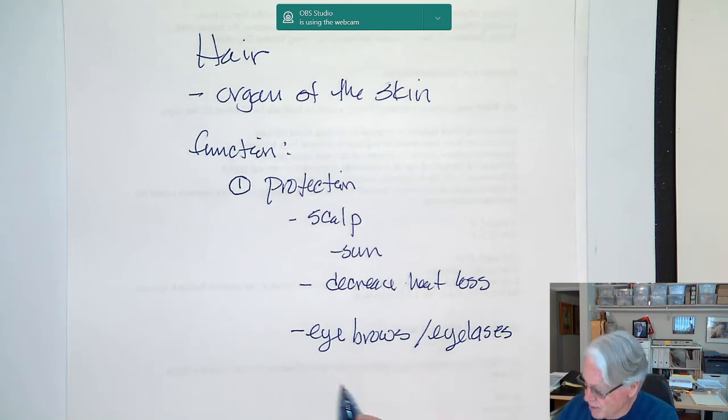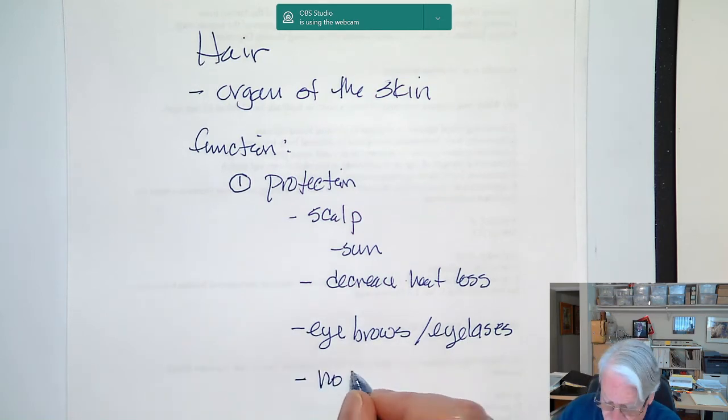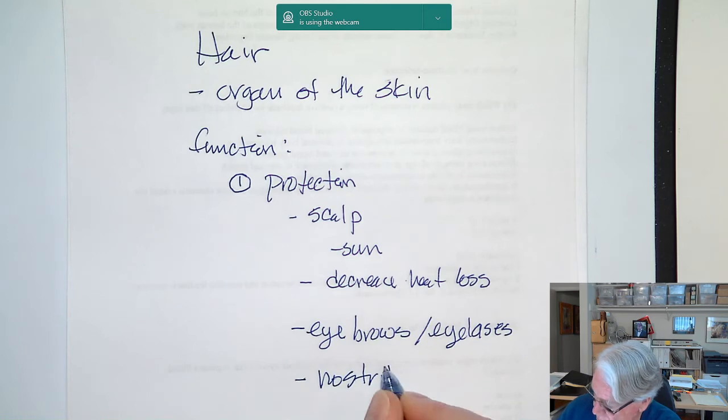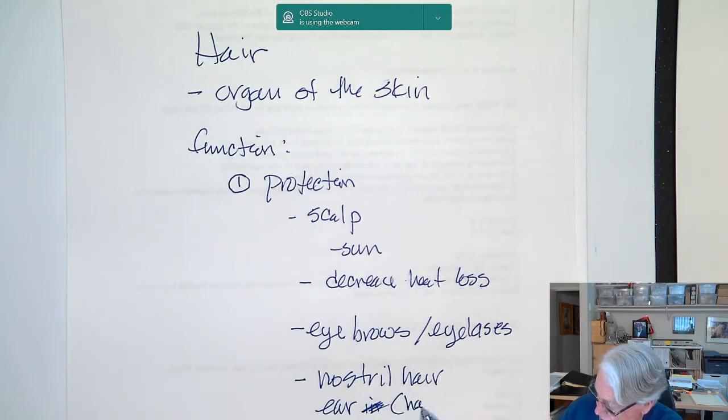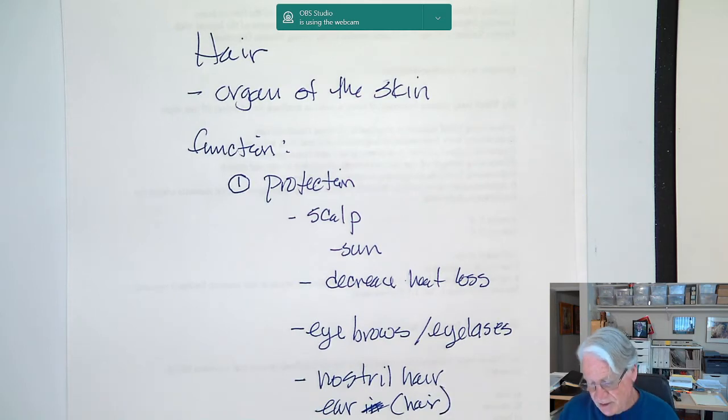Okay? But in addition to that, we have nostril hairs and also hair in the ear. So nostril hair and hair in the ear. Should have put hair first, but I didn't.